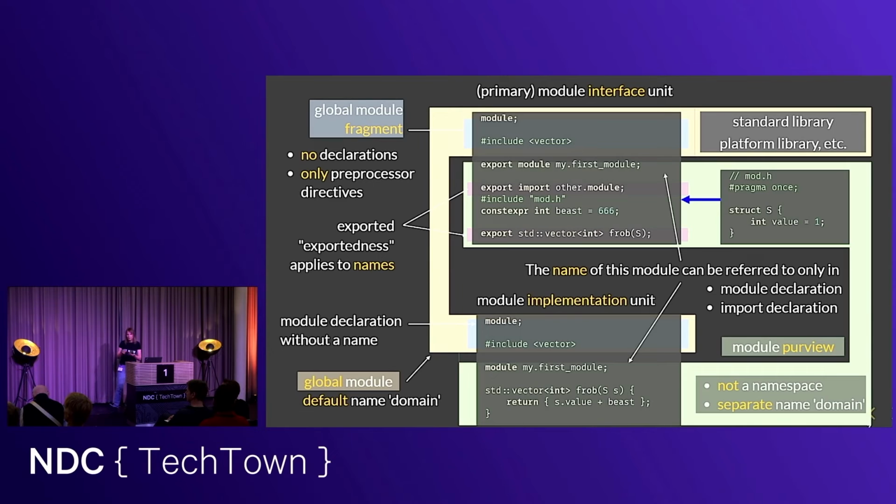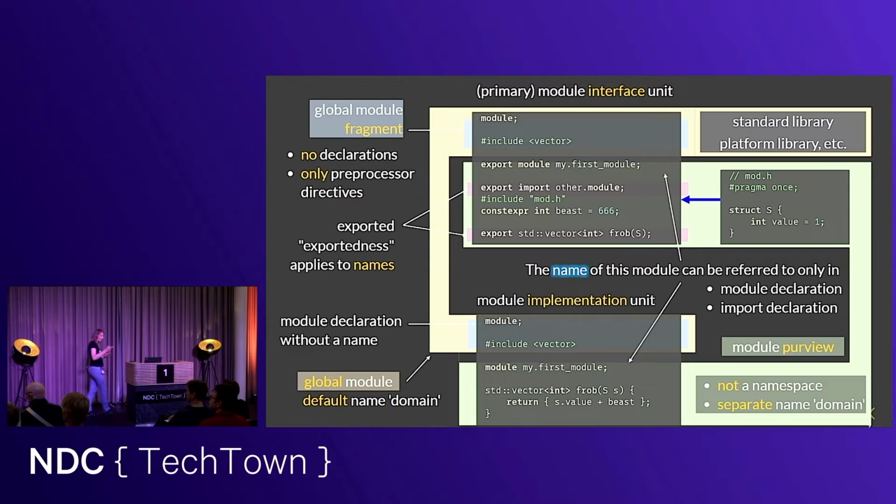So how does that look like in the real world? A little bit about terminology. In the top, you see the primary interface unit, one of the translation unit types of modules. In the bottom, you see a module implementation unit. You can have as many of them as you like. And then both of these translation units carry a name of the module, and this is the reason why this module type is called named module.